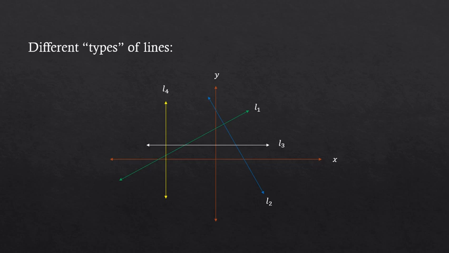The white line here, L3, as we move to the right, that line stays at the same height. And then line 4 here in yellow, the line just goes straight vertical, straight up and down. And later on in this video, we will talk about when do we have each of these different kinds of lines and what things are related to these.